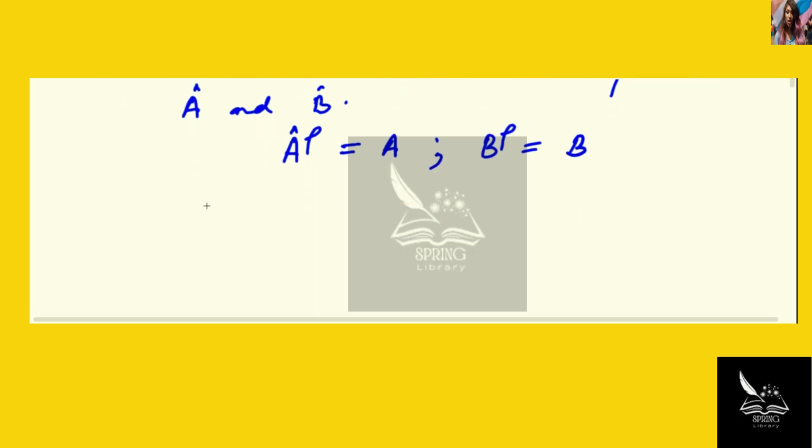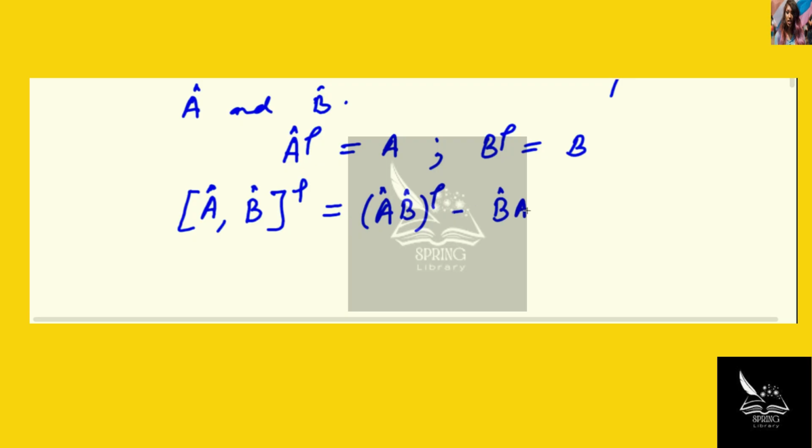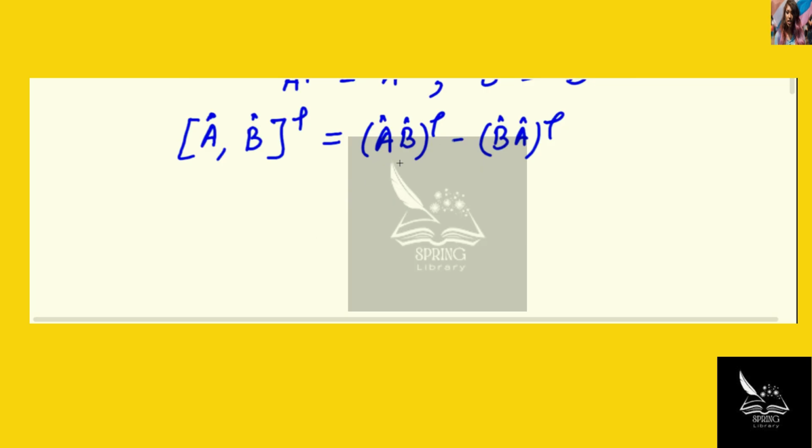So let's find the dagger of the commutator of A and B. It will be AB dagger minus BA dagger, and there is a rule that if we take the dagger, the order reverses: B dagger A dagger minus A dagger B dagger.